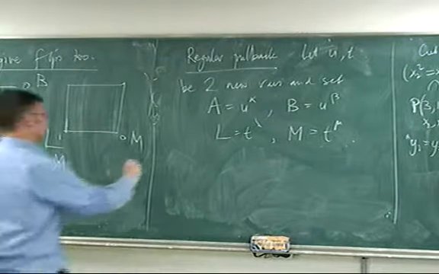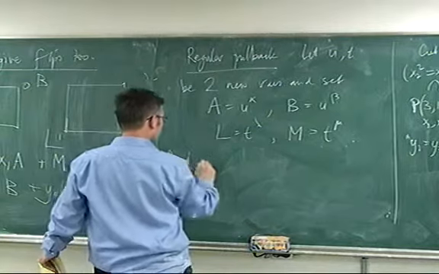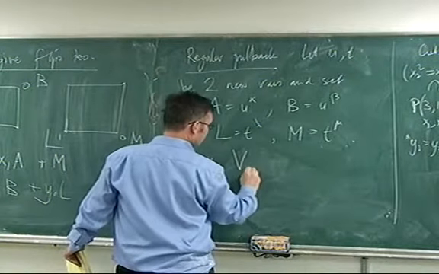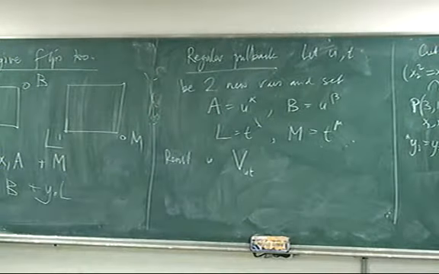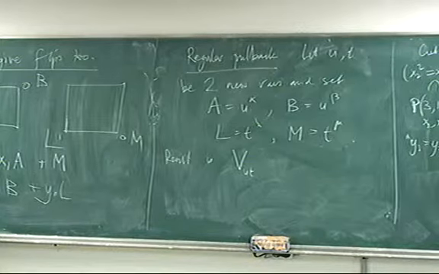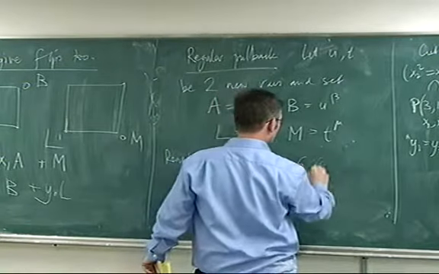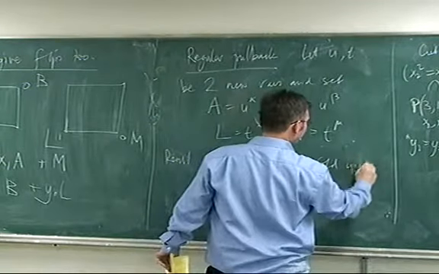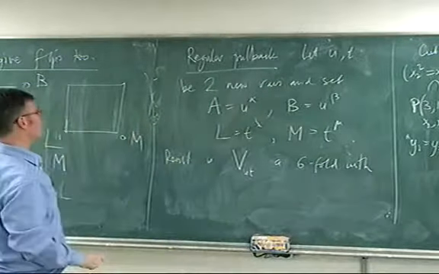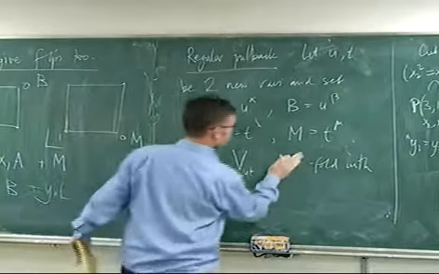The result is a VUT. So this was called VABLM. Now just trade in the ABLM for these things in U and T, which was a sixfold, this is a fourfold, thanks.